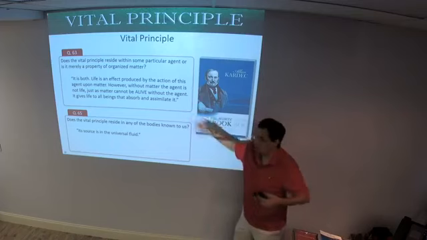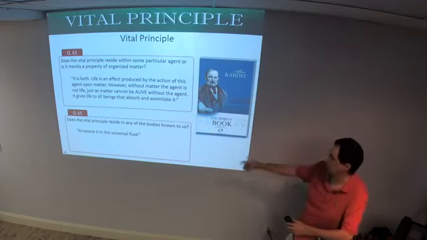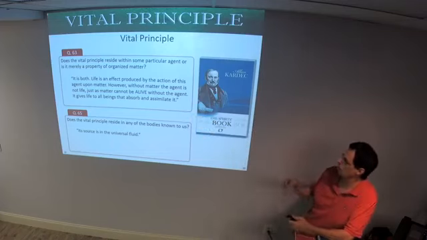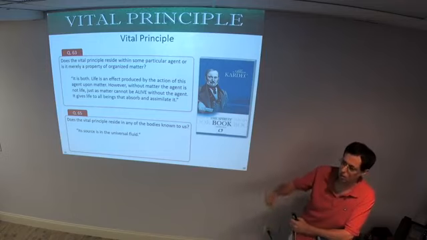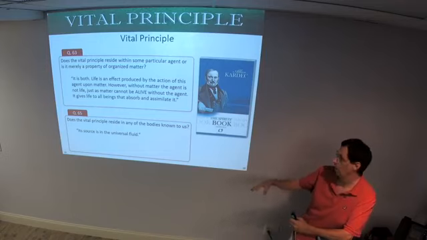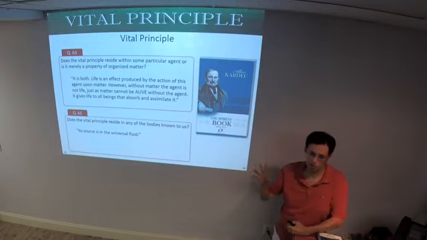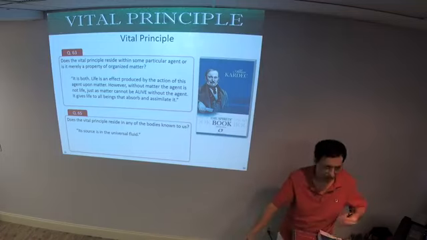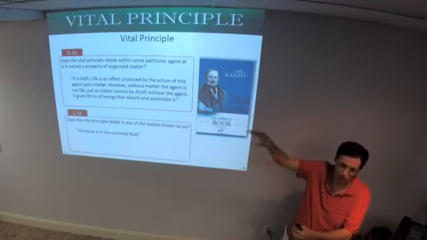And then he comes with the last question. So the question here is, show me where this thing is. Then the next one is, does a vital principle reside in any of the bodies that we know of? And the answer is, the source is the universal fluid. It's not in my body, it's not in the chair, it's in the universal fluid.